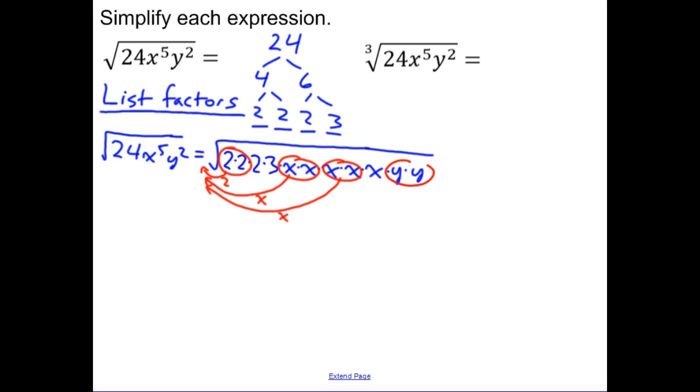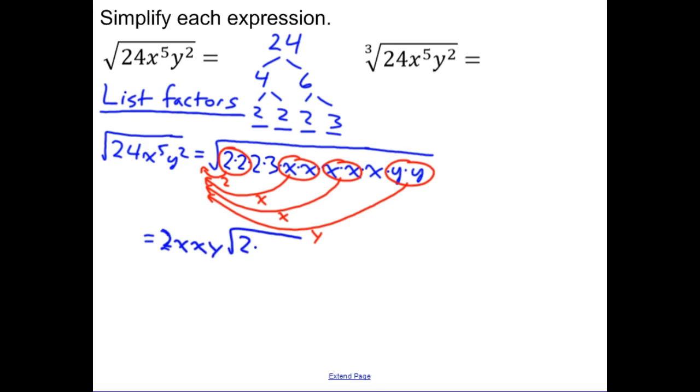And lastly, I have a pair of y's, which I can also pull out as a single y. When I do that, the things that came out of the square root sign are just a single 2 and an x and another x and a y, and then I have whatever's left.